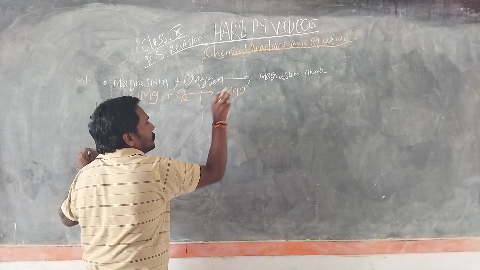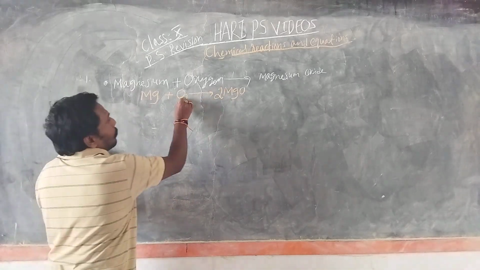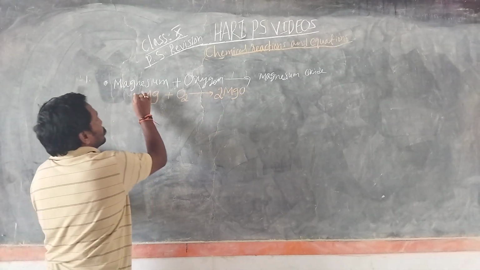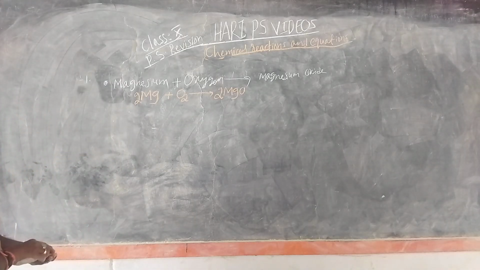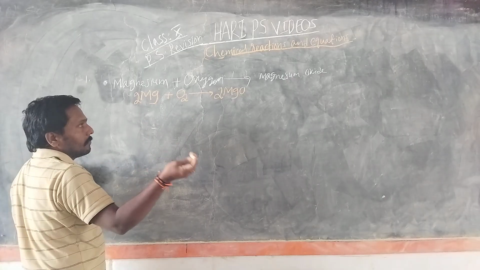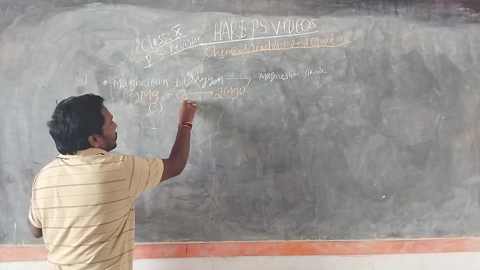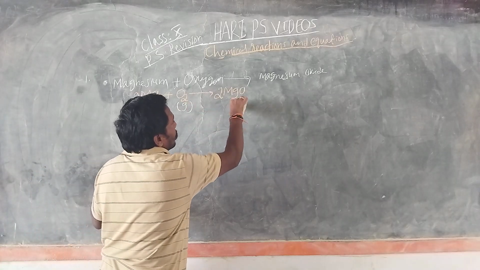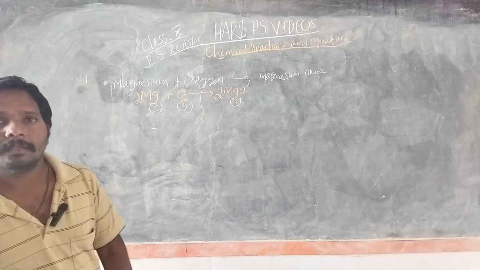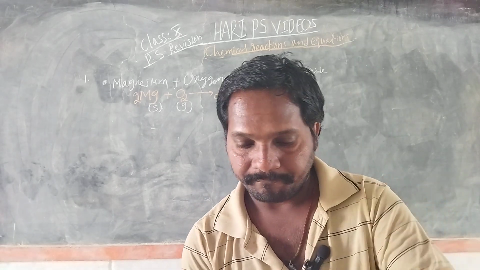Oxygen is 1, so it should be multiplied by 2. Now oxygens are 2, magnesium 2. So magnesium plus oxygen gives magnesium oxide. For more information, magnesium is a solid, oxygen is a gas, magnesium oxide is a solid. This is the answer for the first question.